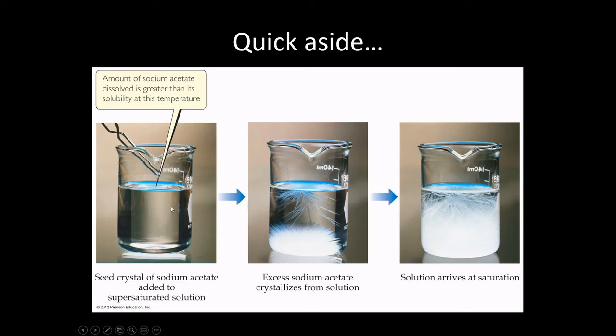So this is a supersaturated solution, and they drop in what's called a seed crystal. And that seed crystal simply provides a template for the molecules that are supersaturated in the solution to grow off of. And that's why you can see those tendrils coming out.